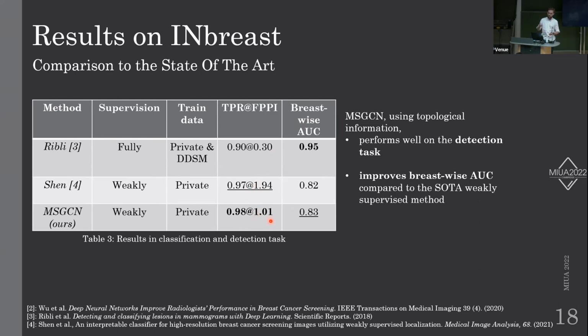But compared to the other state-of-the-art method, which uses a weakly supervised approach, we improve the detection, the TPR, while reducing by half the number of false positives per image. This shows the effectiveness of including topological information in the training process of Euclidean networks for image analysis.